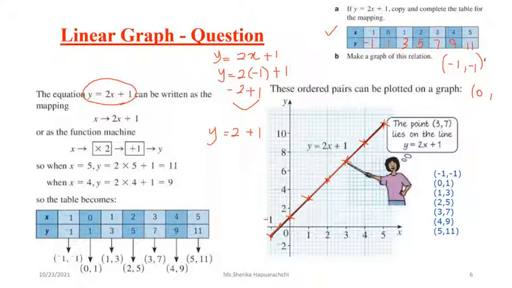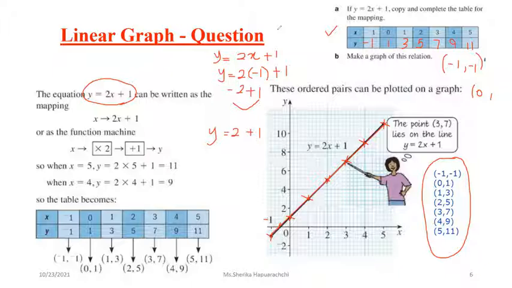When you get the x values, you substitute according to the equation, and then you identify the y values. After that, you make your coordinates like this. After that, you plot your points, right? So that is how we do.